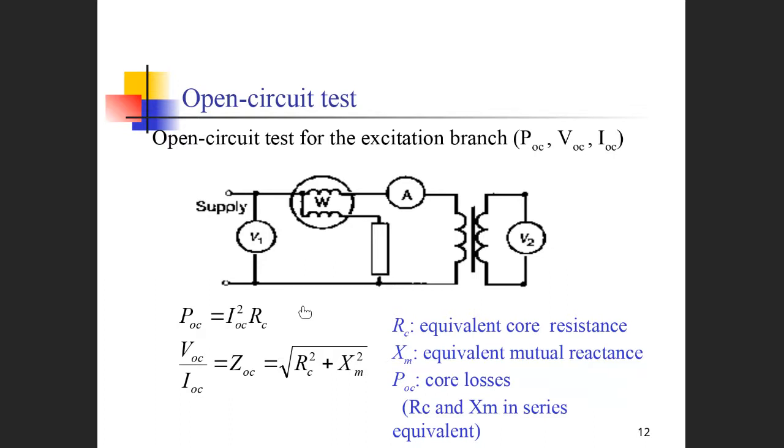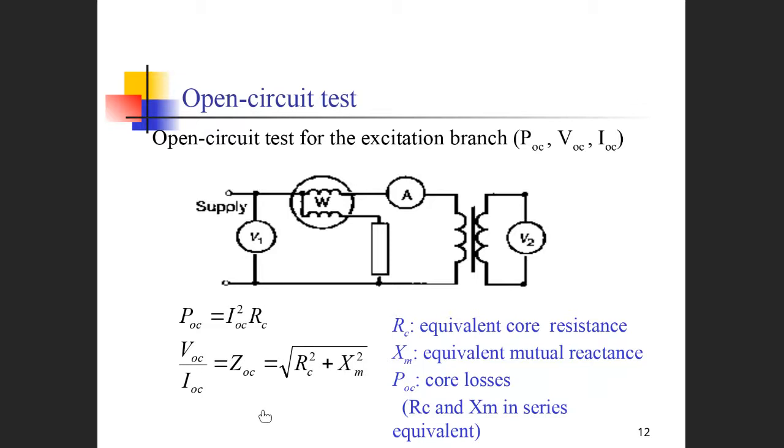And the input current represents the excitation branch current when it is opened. With these measurements, one can determine, one, the core losses at rating voltage. Two, the core loss equivalent resistance RC, referred to the lower side.